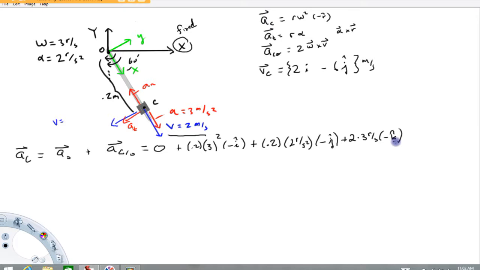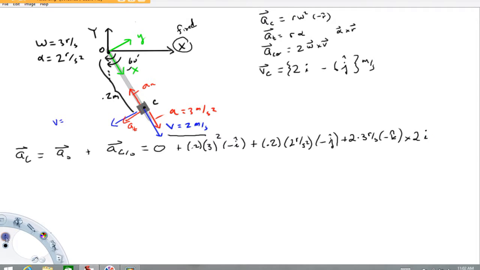I'm getting that from right-hand rule. Just kind of mentally roll your fingers in the direction of this arrow. Thumb gives you the direction of that angular velocity vector. So twice the angular velocity vector crossed with this velocity vector. That's 2 meters per second, and it is in the I direction.